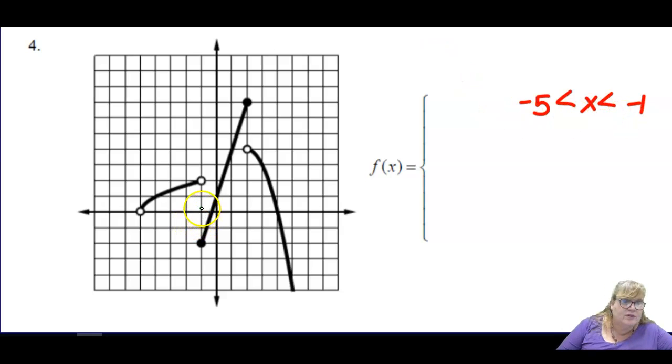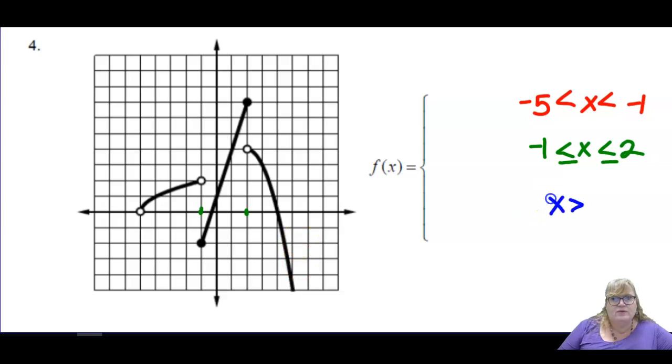Second piece goes from -1 to +2 here for the x values. So -1 less than x less than +2. But it does have solid on both ends, so both these need to be or equal to. And the last piece starts at +2 and goes off to the right.